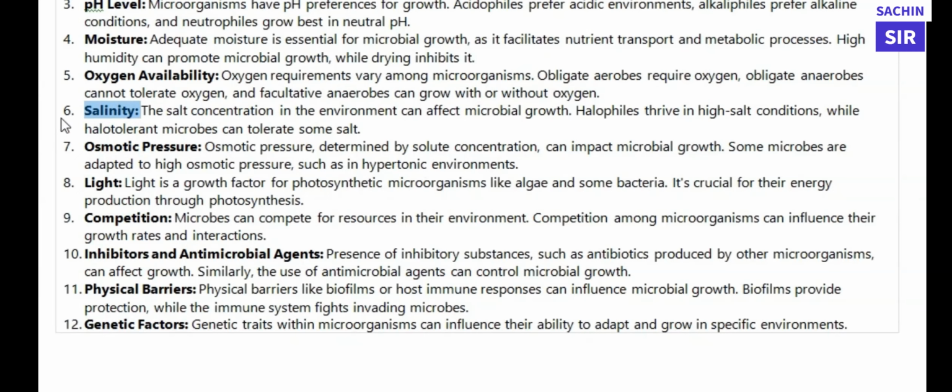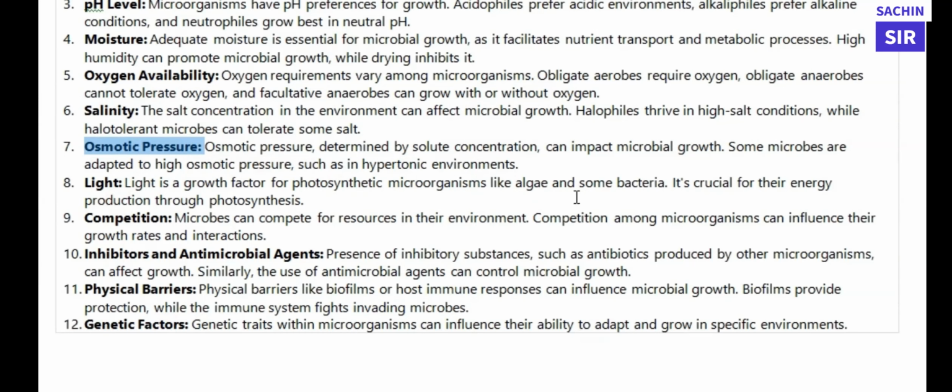Halophiles thrive in high salt conditions, while halotolerant microbes can tolerate some salt. Osmotic pressure. Osmotic pressure, determined by solute concentration, can impact microbial growth. Some microbes are adapted to high osmotic pressure, such as in hypertonic environments.